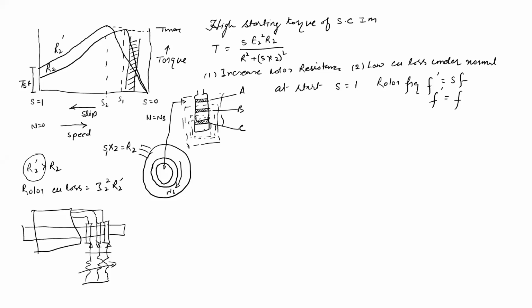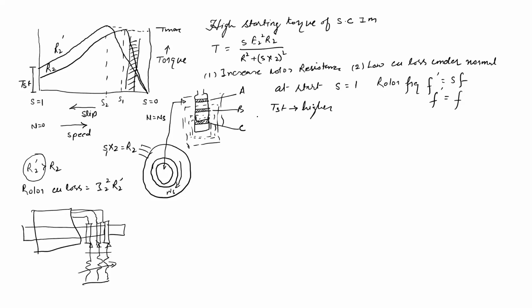As they are connected in parallel, because of the unequal reactances of each bar, the total effective resistance of the rotor circuit becomes higher. Therefore, under such condition, starting torque is higher.